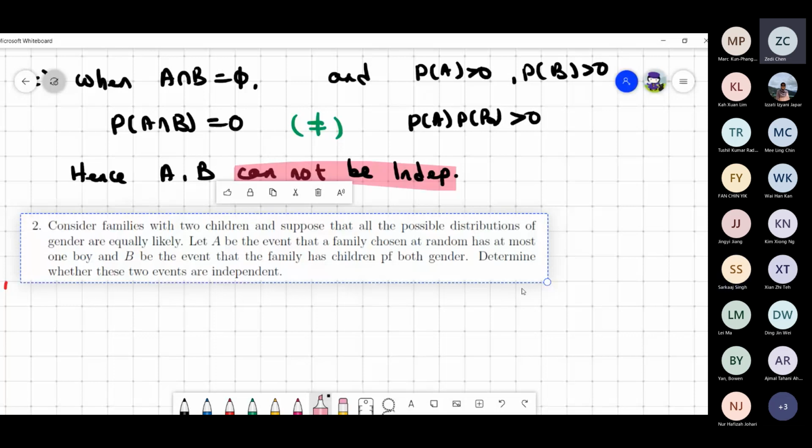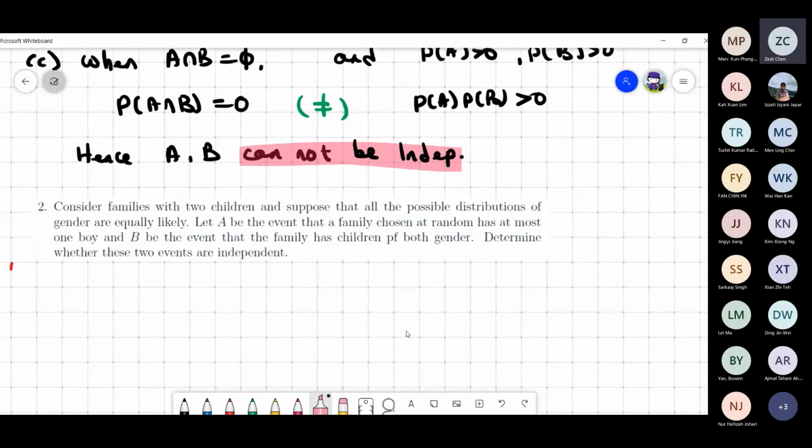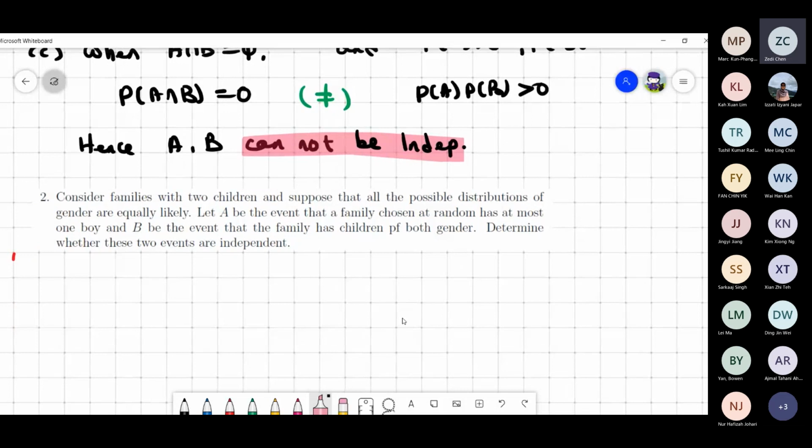Just 8. Oh, okay, so 7. So number 8, okay, never mind. Any issue with question 2? Okay, no. All right. So I might just look at question 2 first.